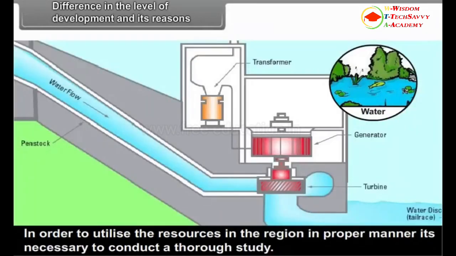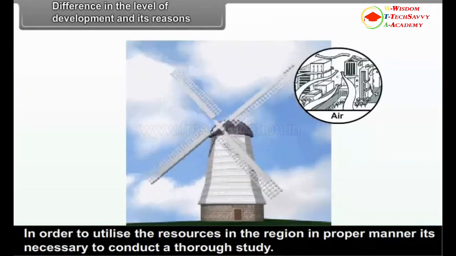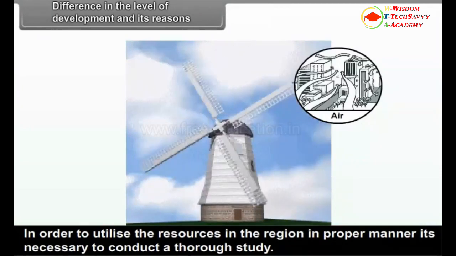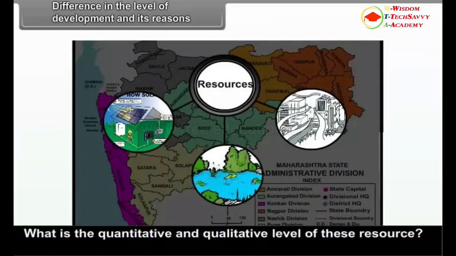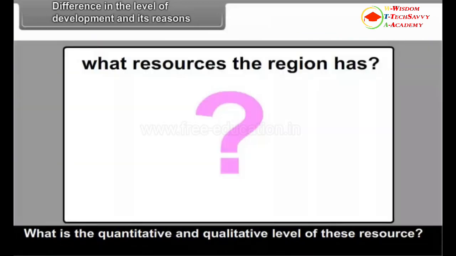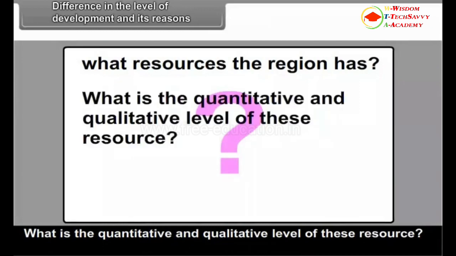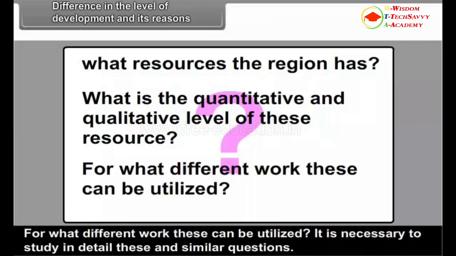In order to utilize the resources in the region in proper manner, it is necessary to conduct a thorough study. Such studies need to address questions like what resources the region has, what is the quantitative and qualitative level of these resources, for what different work these can be utilized. It is necessary to study in detail these and similar questions.